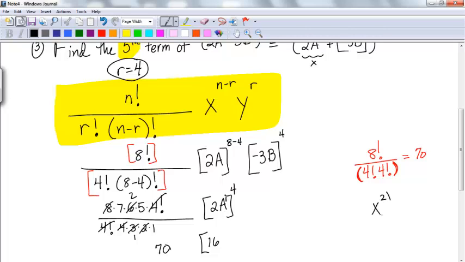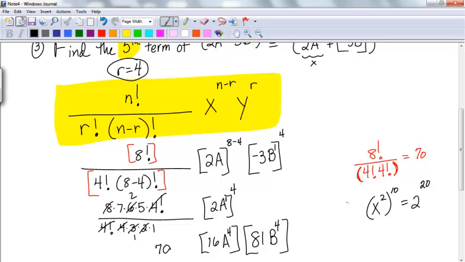Like if I said 2 to the 2nd raised to the 10th, that would be 2 to the 20th. So this would be a to the 4th. Raise a power to a power, multiply them. What's negative 3 to the 4th? What's a negative to an even power? Positive. And then negative 3 to the 4th should be 81. And then raise a power to a power, multiply them, and get b to the 4th.